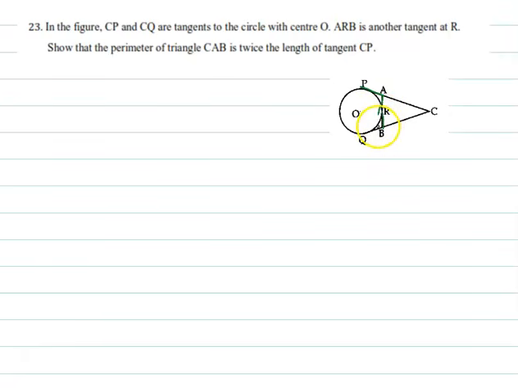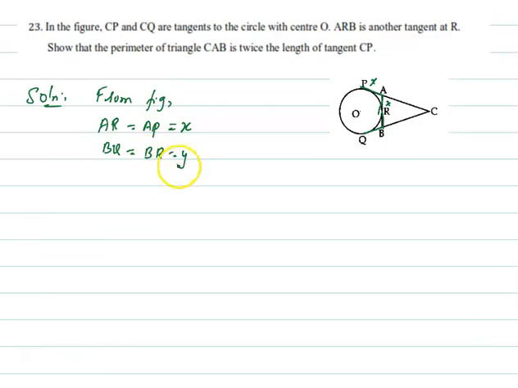Similarly, from B, a pair of tangents is drawn. So in the solution part, I can write from the figure, AR is equal to AP. Let us call it X. Similarly, BQ is equal to BR. Let us call it Y. Both these statements are from theorem 2.